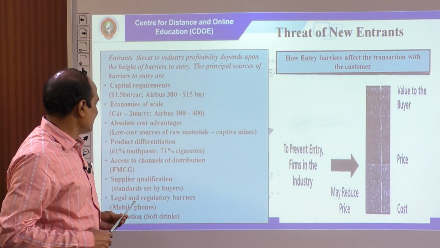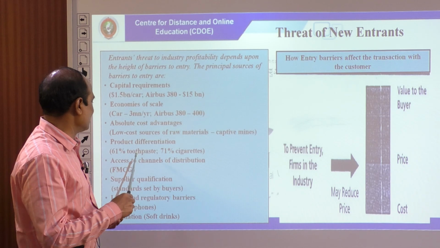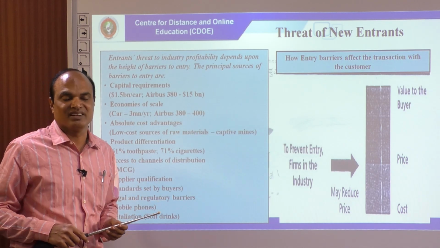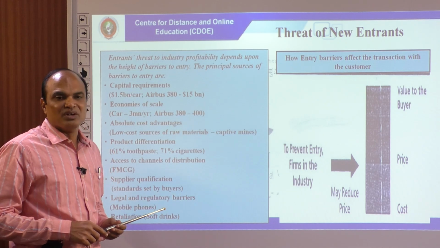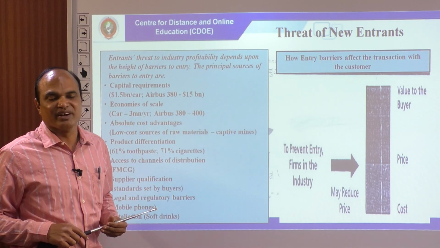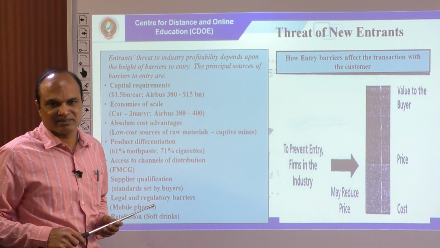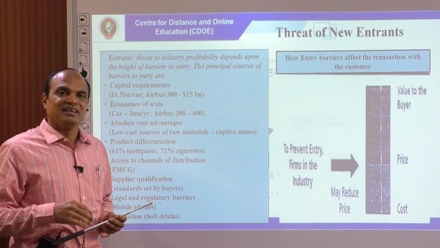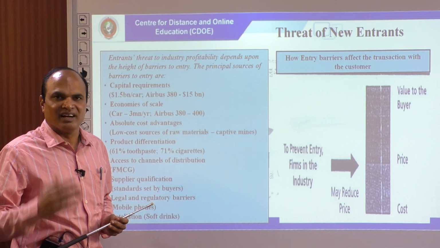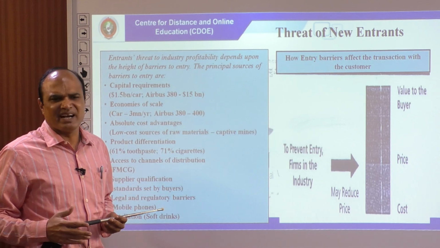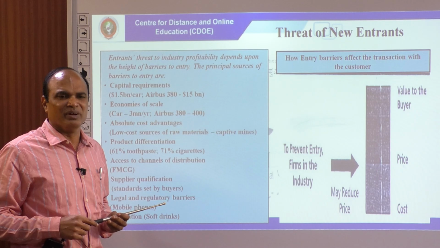Then the product differentiation, so that is 61% in toothpaste and 71% in cigarettes. We all know that unless somebody has a differentiated product, it is very difficult for them to sell in the market. It is said time and again: differentiate or die. We have so many brands of toothpaste available.